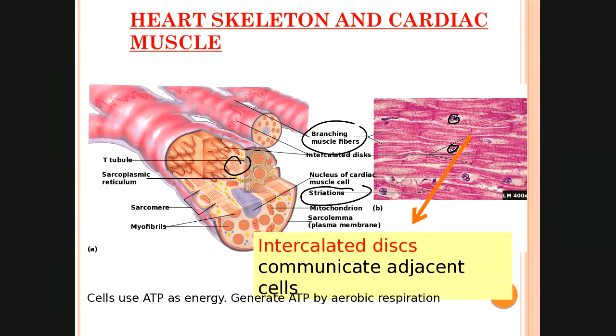Also remember that cardiac muscle was unique because it had intercalated discs, which are these darker structures right there in between cardiac muscle cells. The intercalated discs are actually gaps or connections between cardiac muscle cells, which allow sodium ions to travel from one cell to the next, sending electrical signals along from one cell to the next.